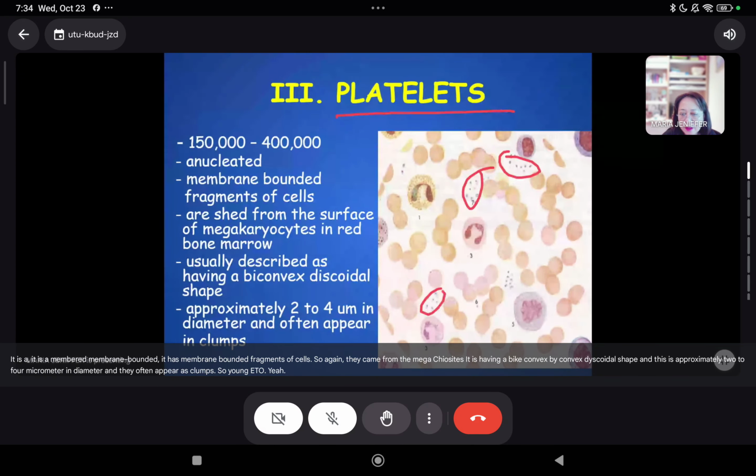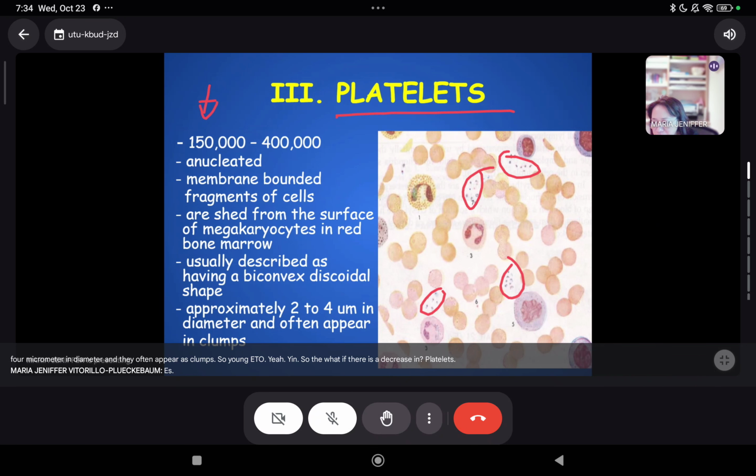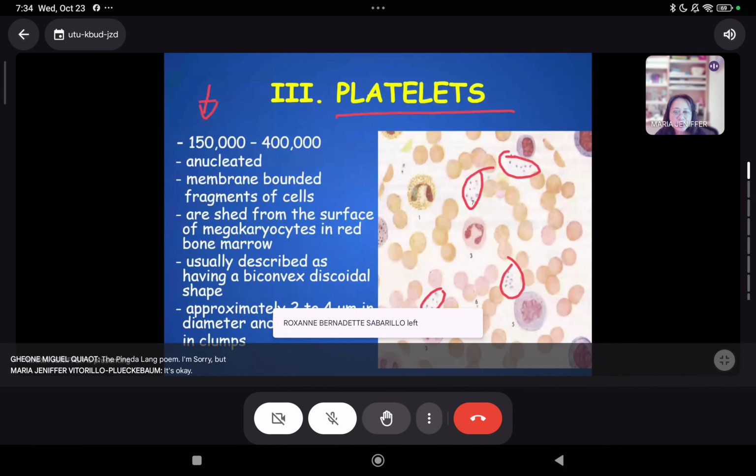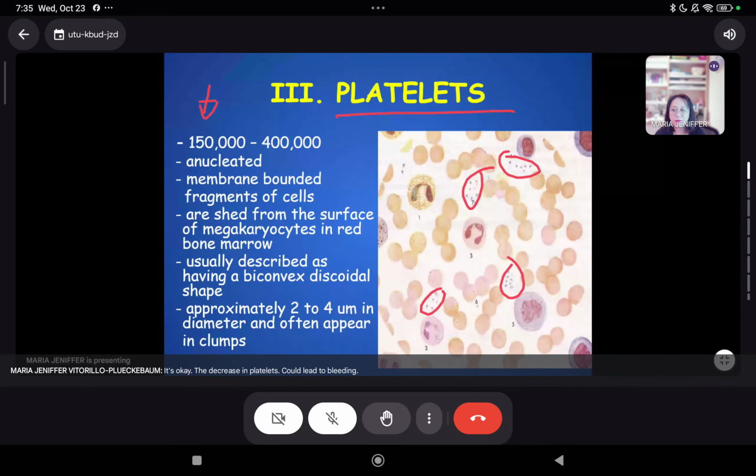So if there is a decrease in platelets, the decrease in platelets could lead to bleeding.